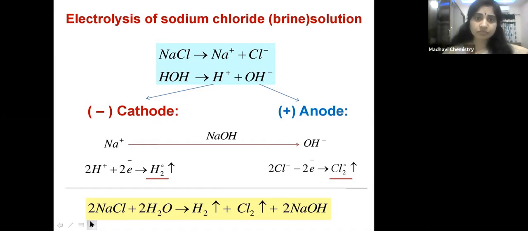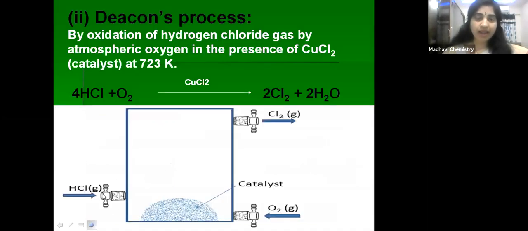The next one is also very important, that is Deacon's process for the preparation of chlorine. Chlorine gas is obtained by oxidation of hydrogen chloride gas by atmospheric oxygen in the presence of copper chloride, which acts as a catalyst, at 723 Kelvin.